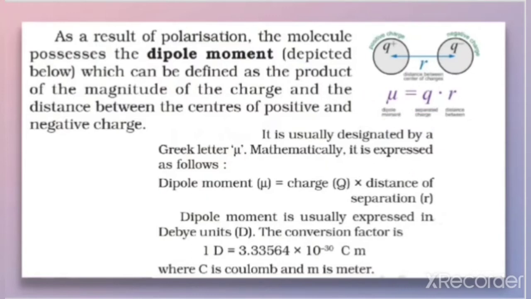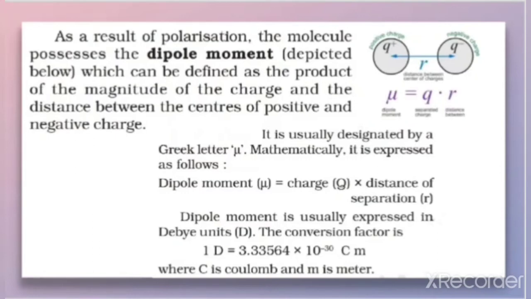So, this is the formula for dipole moment: mu equals q into r.